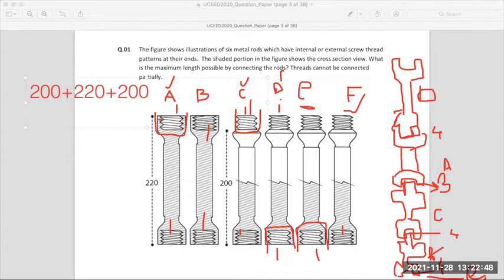मैम, इसमें जो D और E का ऊपर का पार्ट है वो डिफरेंट नहीं है? D और E. E which is at the bottom. No ma'am, I'm talking about the top part. Okay, ये ऊपर वाला part बोल रहे हो आप? Yes ma'am, in the figure which is given.